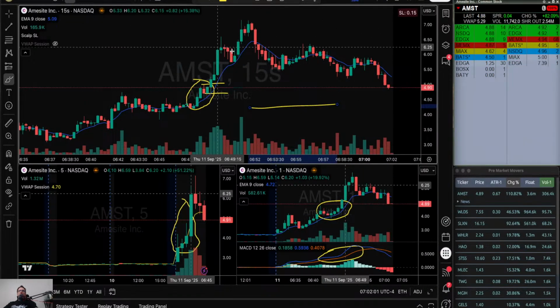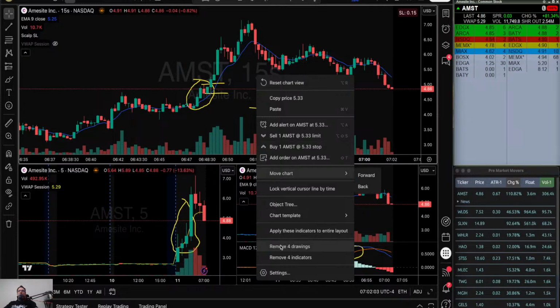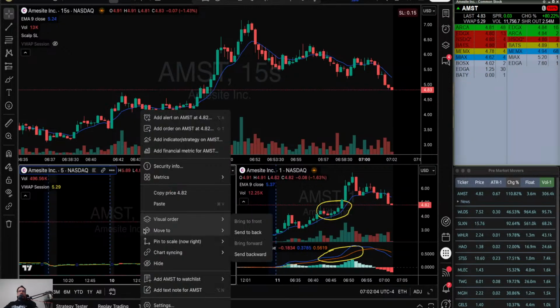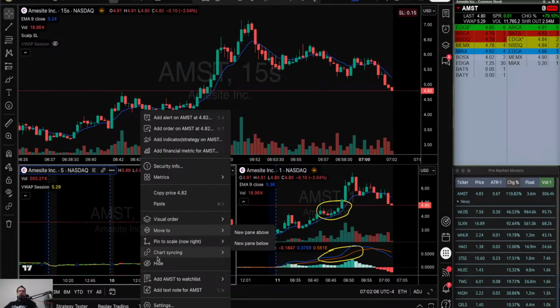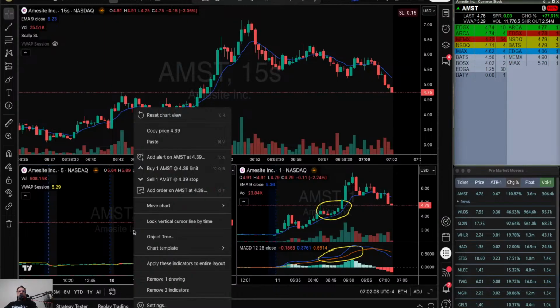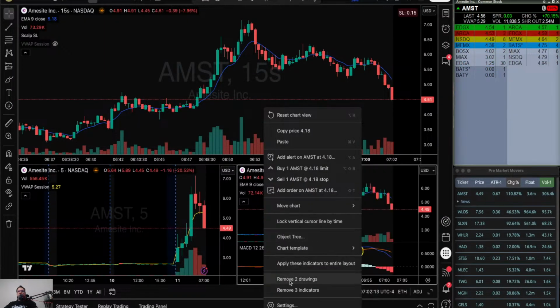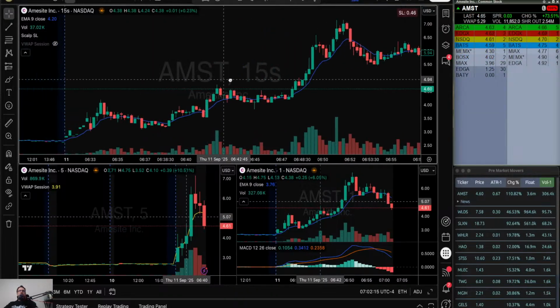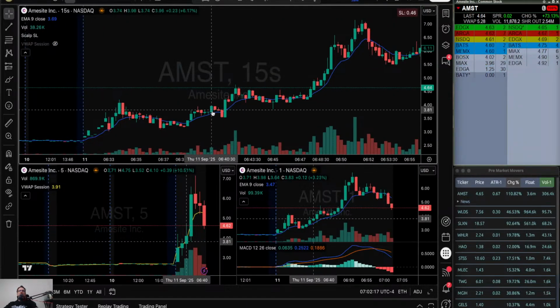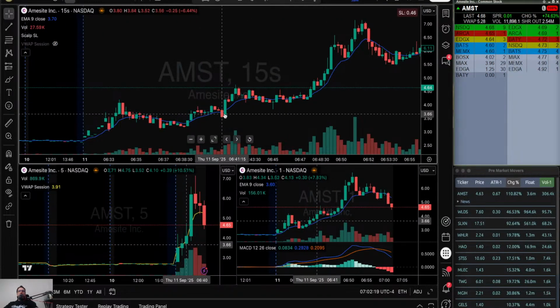Like I said, some other ones did set up. I just didn't like them all that well because of the price action. I just didn't think it was all that good. Like this right here was a little consolidation.